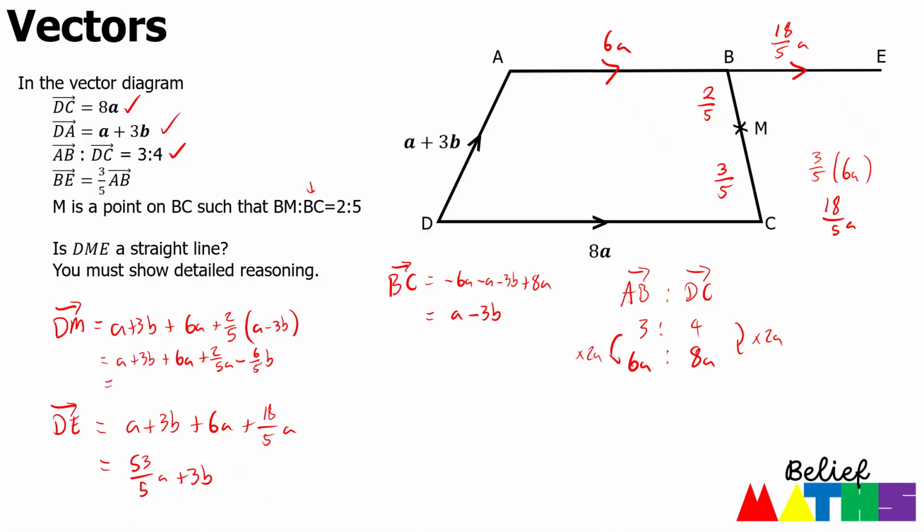Again, we can use our calculator to collect our terms here. So we've got our coefficients. Our A's are 1 plus 6 plus 2 over 5. That gives us 37 over 5A. And then our B's are 3B, so 3 minus 6 over 5, and that's 9 over 5B.